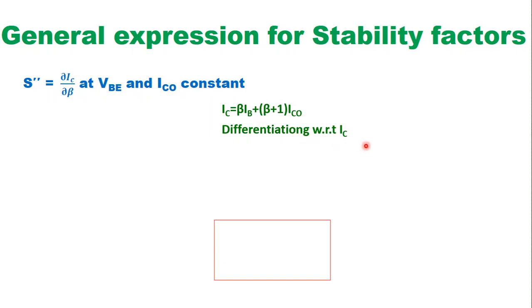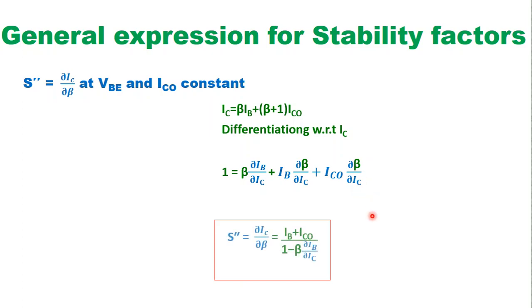Differentiating this equation with respect to IC, keeping VBE and ICO constant, we get 1 is equal to beta del IB upon del IC plus IB into del beta upon del IC plus ICO into del beta upon del IC. After rearranging this equation for del IC upon del beta, we get S double dash is equal to IB plus ICO upon 1 minus beta del IB upon del IC. This is the general equation for the stability factor S double dash.